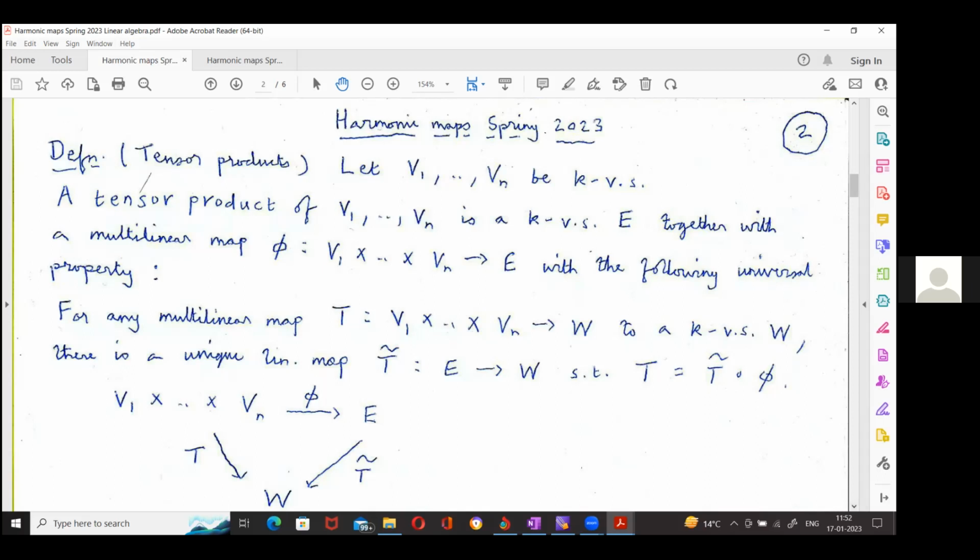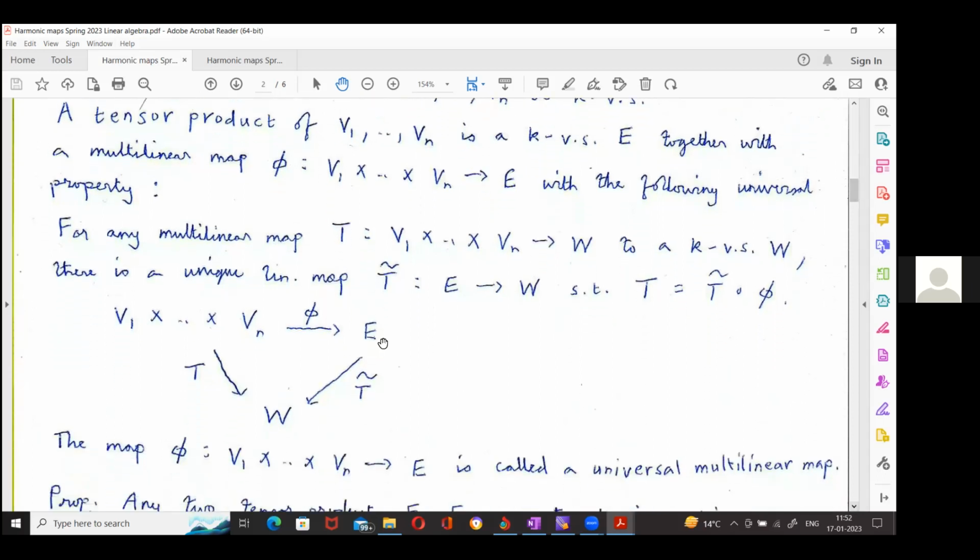That means there is a unique linear map T tilde from E to W such that T is equal to T tilde composed with phi. So E was my tensor product of V1 to Vn. It comes equipped with a multilinear map phi from V1 cross Vn to E, and any other multilinear map T from V1 cross Vn to W factors through this space E and through this map phi. So T can be written as the composition of a multilinear map with a linear map.